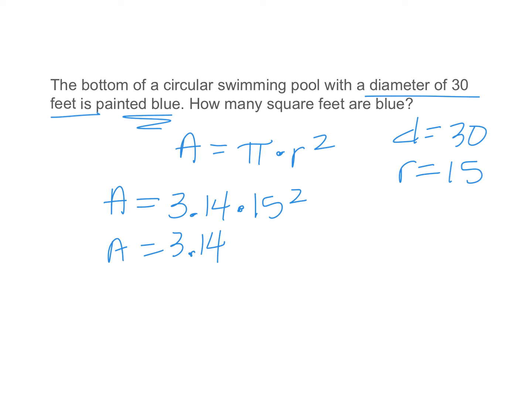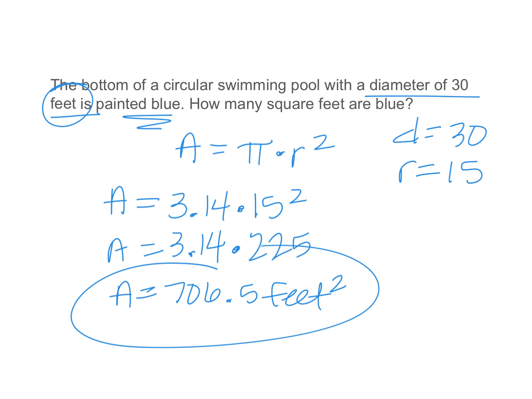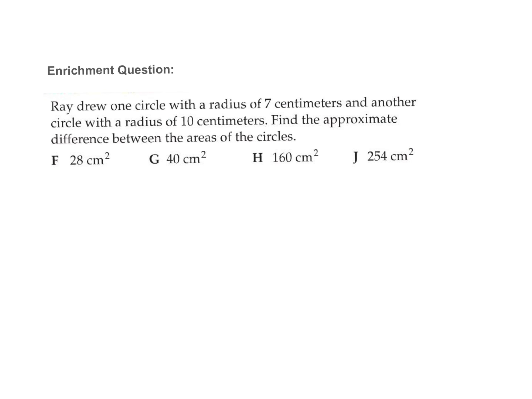So 3.14 times 225. Then I'm going to put that in. And I would get 706 5/10. And then I check to see, what was the label again? Feet squared, because it's area.